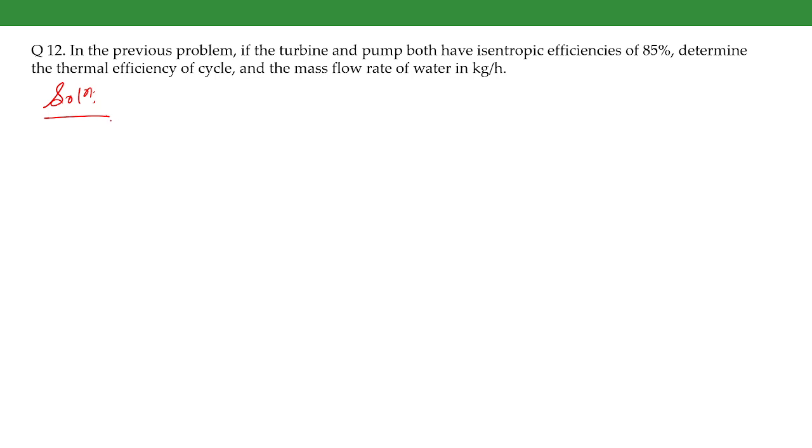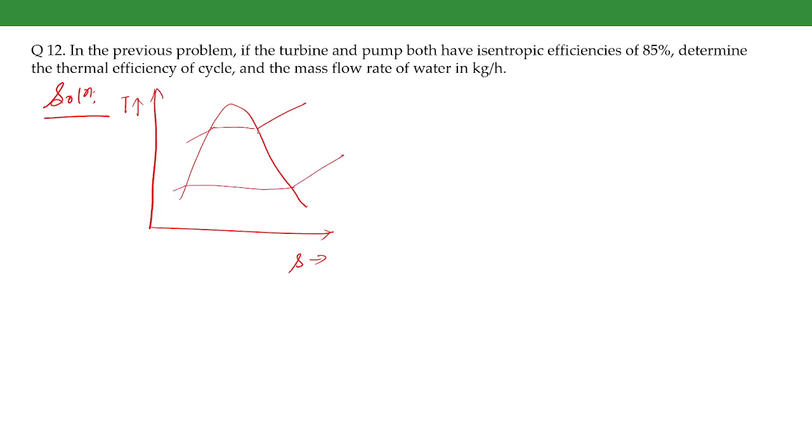Okay. So in contrast to what we had in the previous problem, here the TS diagram will look something like this. From state point 1, it was an isentropic expansion, it was supposed to come at 2s, but now it will come at some point 2.